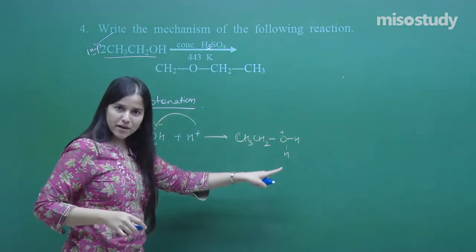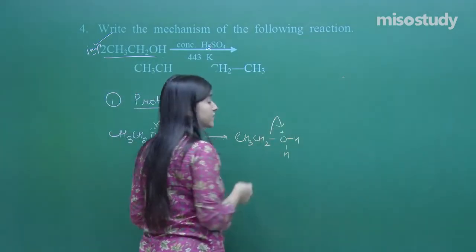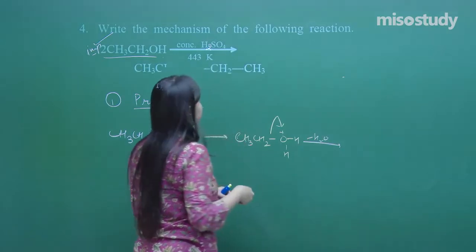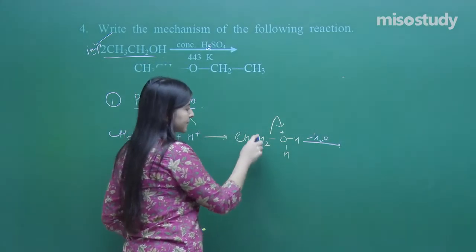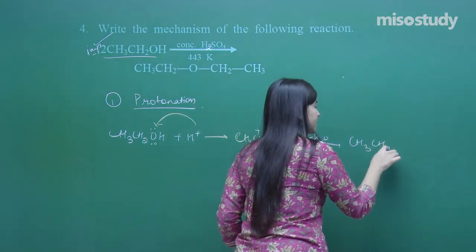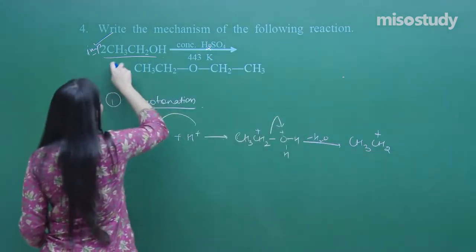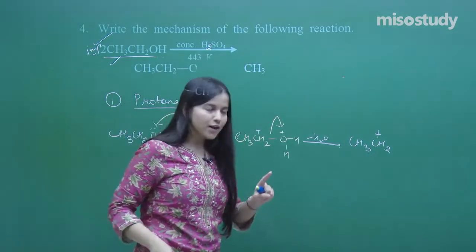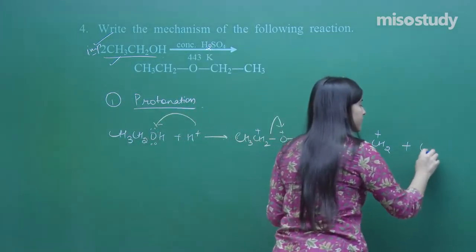Now in order to get stabilized, it will take up electrons and go off as a water molecule, minus H2O. Right? Now what will happen? A positive charge is generated. Now since I had taken up 2 moles, let's use the second mole of it. It's the time for the usage of the second mole.